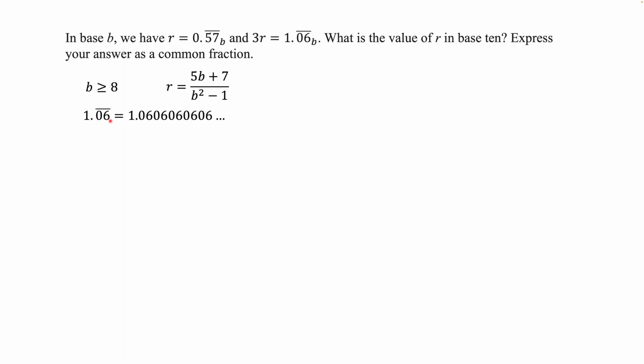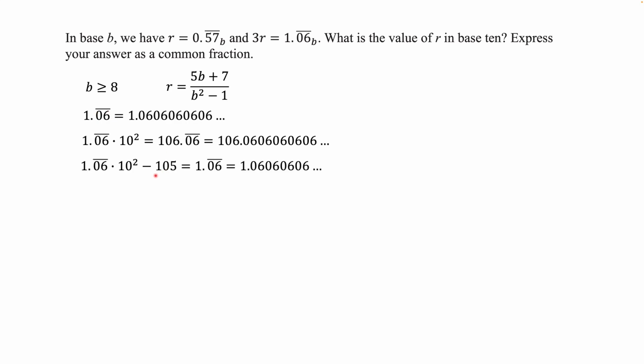1.06 bar means that 06 repeats itself an infinite number of times. Now, the way we're going to deal with this number, we're going to multiply again by 10 squared. We get 106.06 bar. And now, since we want to go back to where we started with 1.06 bar, we need to subtract 105.